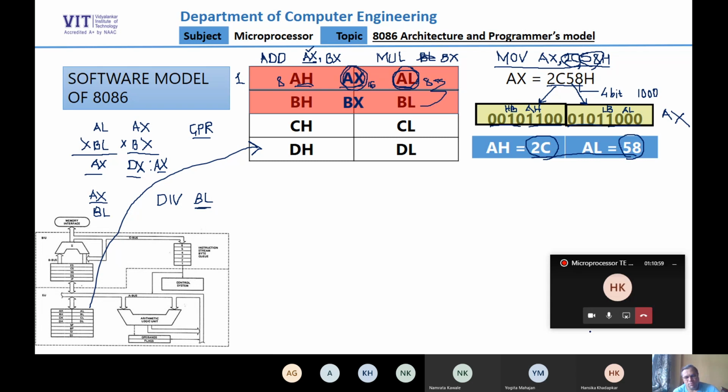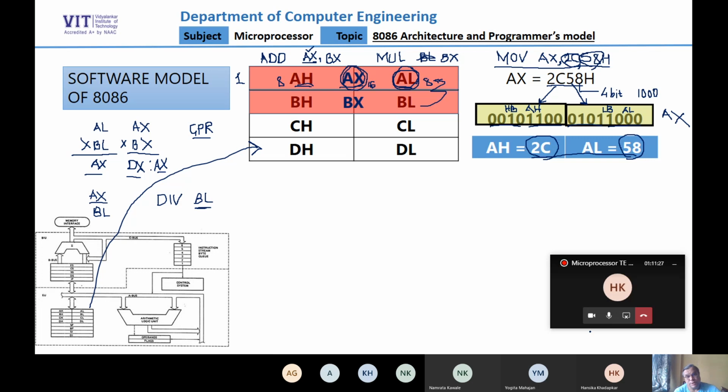The Bx register can be used to provide the offset of a memory location present in the data segment. What is offset? We will see. First complete the answer.